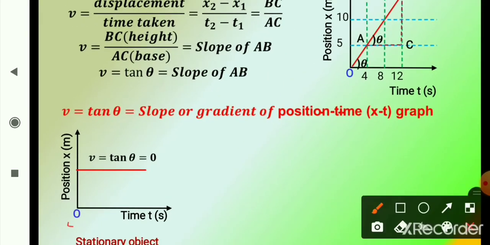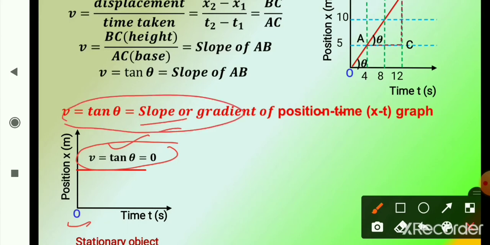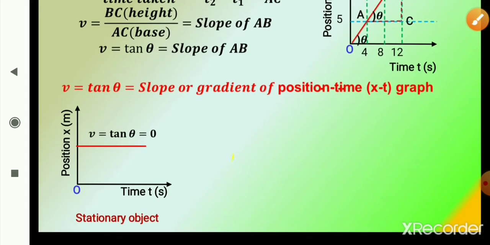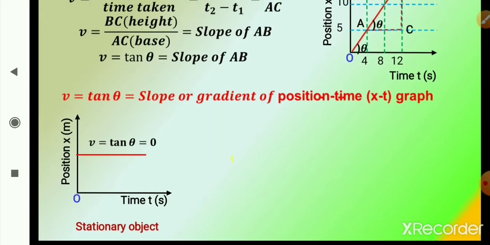For a stationary object, velocity V here is equal to tan theta. Now the slope of this line is 0. Slope of this line is 0 and tangent 0 is 0. So I can show this as slope also. So since the slope of this line is 0, the velocity of this graph is 0.